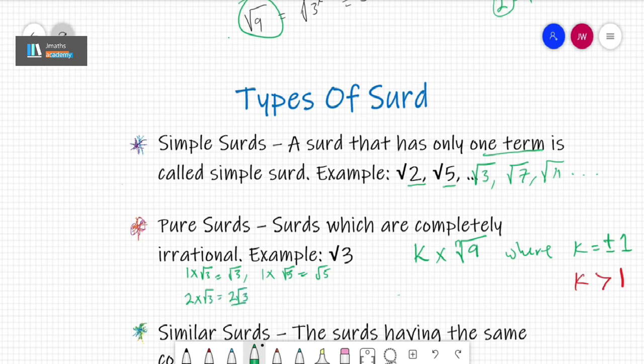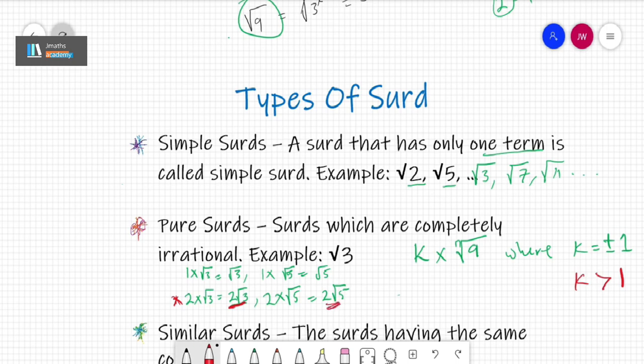So this is not a pure surd. And also, if we have 2 multiplying root 5, this will give me 2 root 5, and therefore this is not a pure surd.